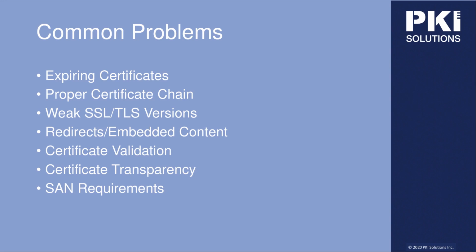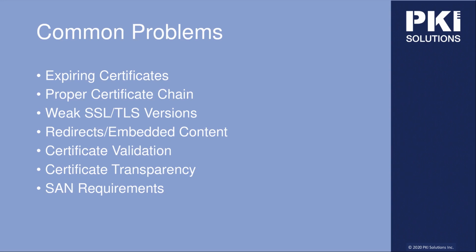We also see issues with certificate chain, where either the entire chain isn't properly trusted, it's not properly transmitted, or maybe we're even chaining and validating through a cross-sign CA, and we're having issues around there. So the ability to actually see what type of chaining and validation is going on is very important. We run into problems with weak TLS versions, where you could potentially be accessing a site that's not using the latest versions of TLS, or maybe it's only SSL enabled.